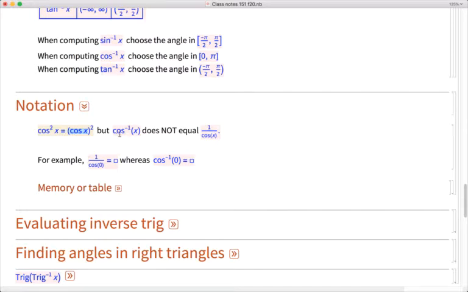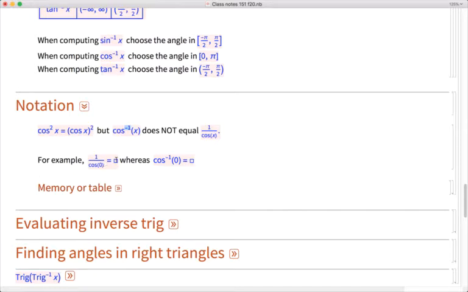However, and this is another unfortunate potential confusion of notation, cosine to the -1 here, first of all, you don't want to read it that way, but you read it as the inverse cosine, and it does not equal 1 over cosine. Okay, it is a completely different function. It's defined to be the inverse of cosine, so it's not 1 over cosine. It's the undoer function. Right? The inverse of 10 to the x was not 1 over 10 to the x, it was log x.